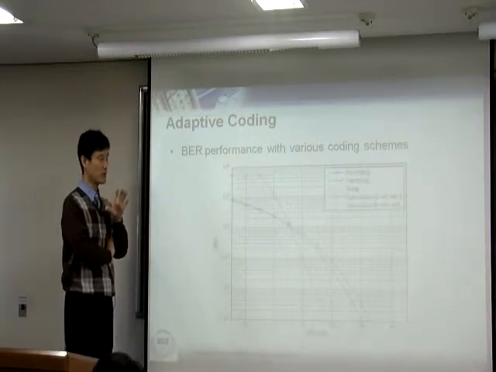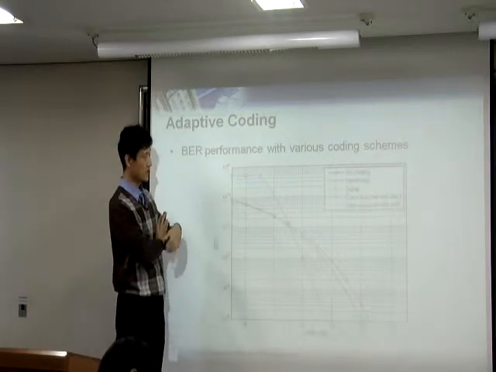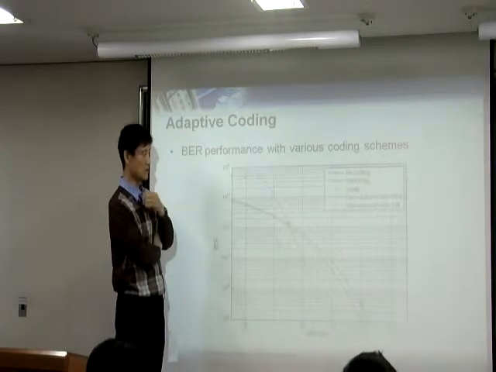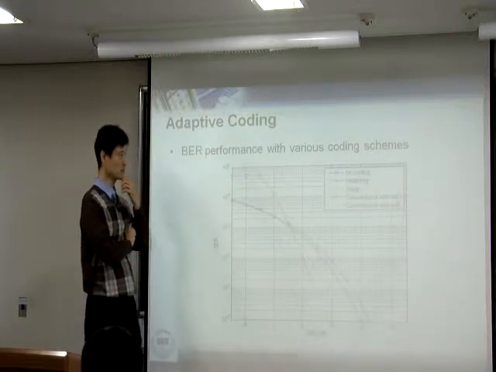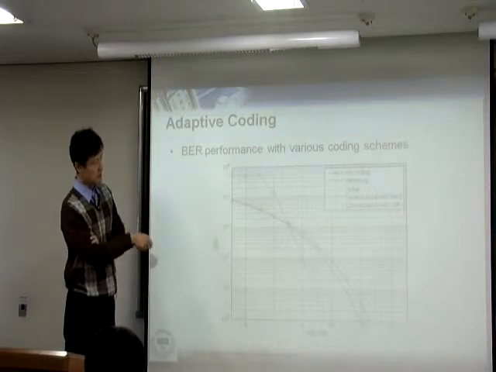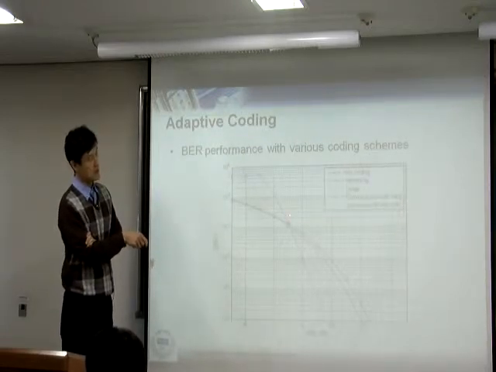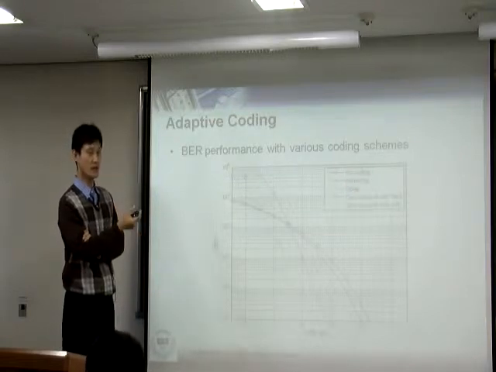But turbo coding is pretty complex, so MATLAB does not have turbo coding; it's not a built-in function. So that's why I was not able to plot it here. But each coding has its own gain.